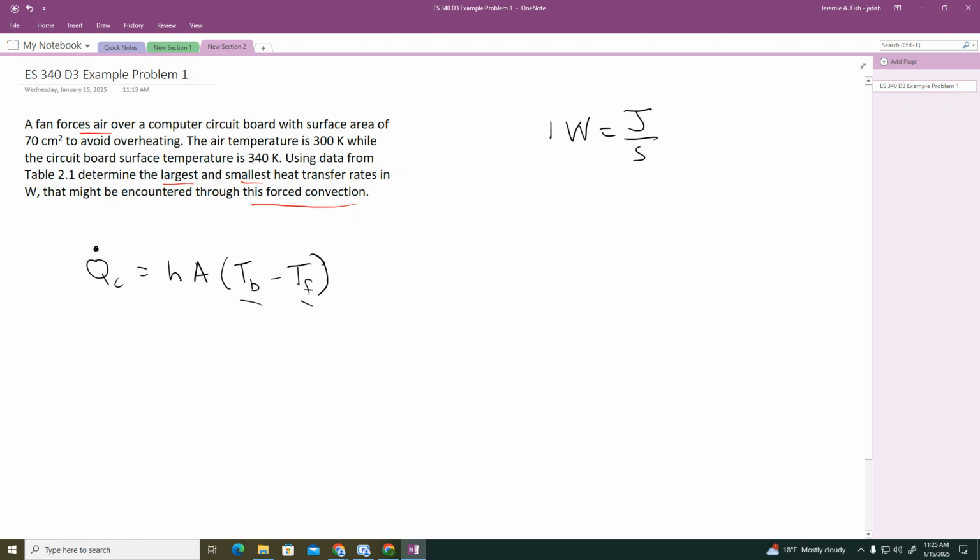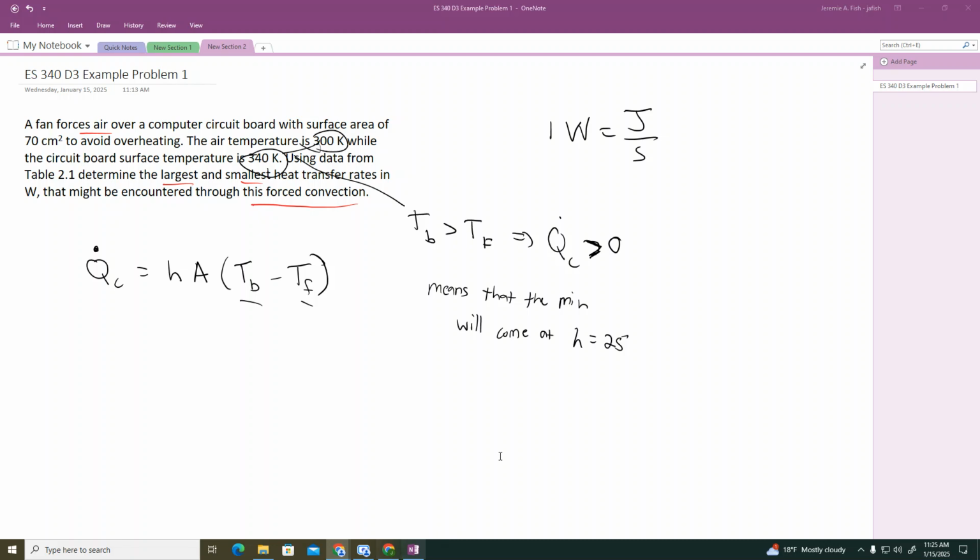Notice that the body temperature is higher, which implies that Q dot C is greater than 0. So that means that the min will come at H equal to 25. Let's get the units because I don't remember it off the top of my head.